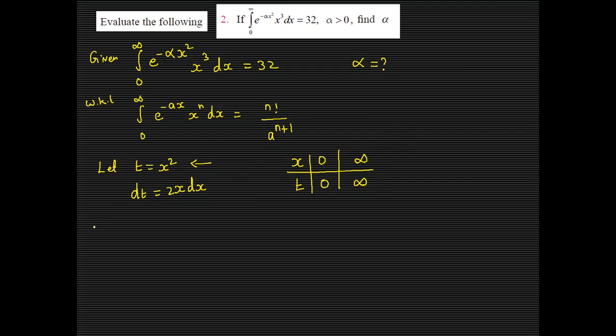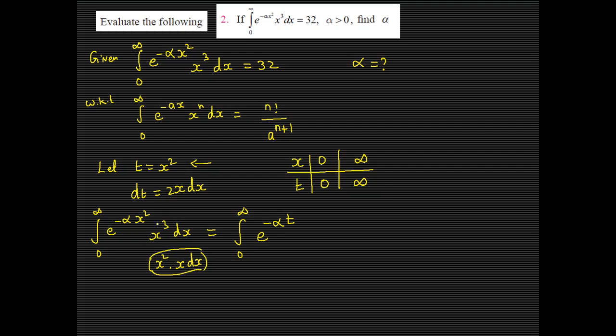So therefore, the given integral 0 to infinity e power minus alpha x square into x cube dx can be written as integral 0 to infinity e power minus alpha, instead of x square we'll put t, and for this x cube I am going to write x square into x dx, in brackets.